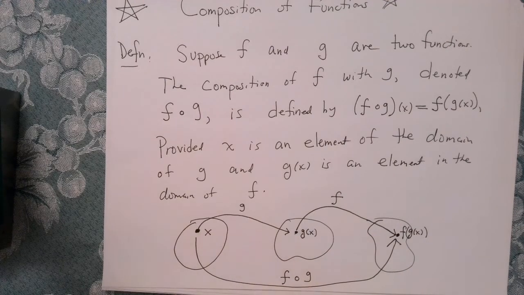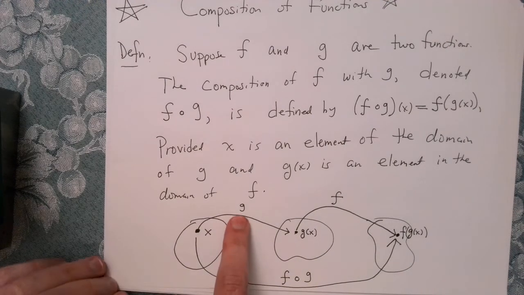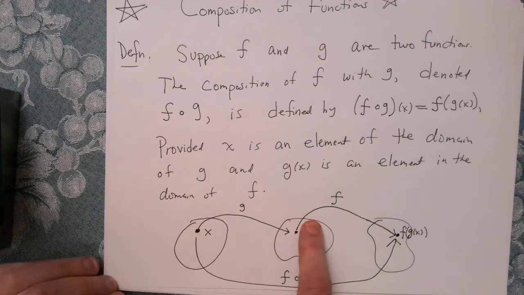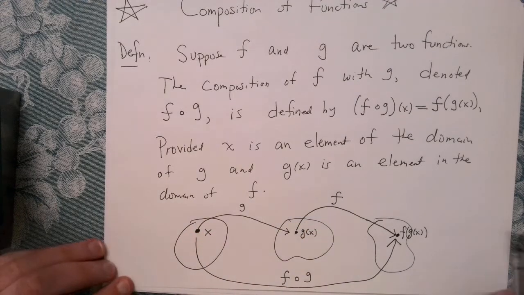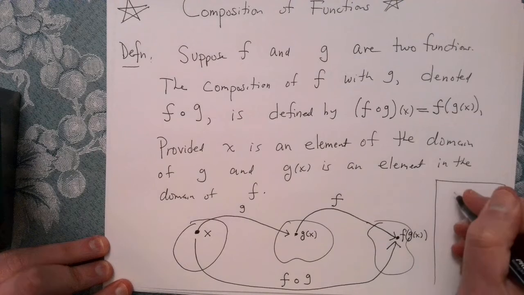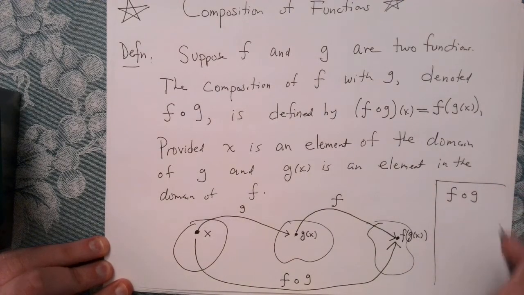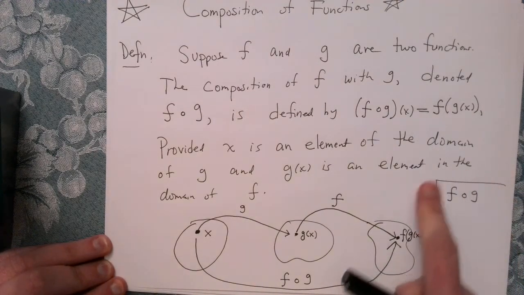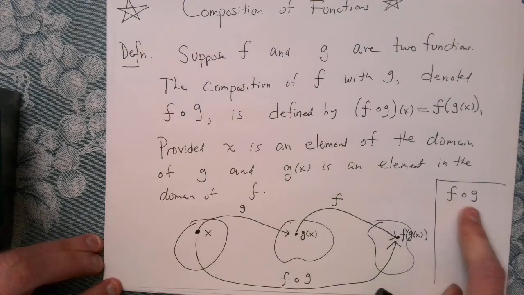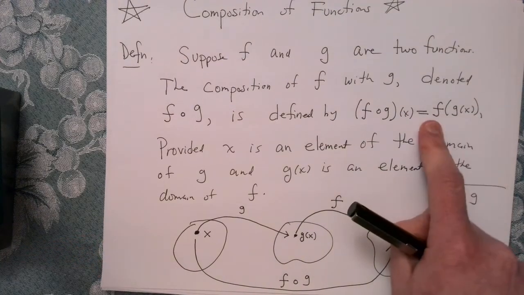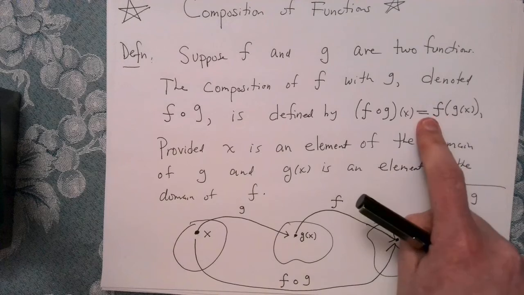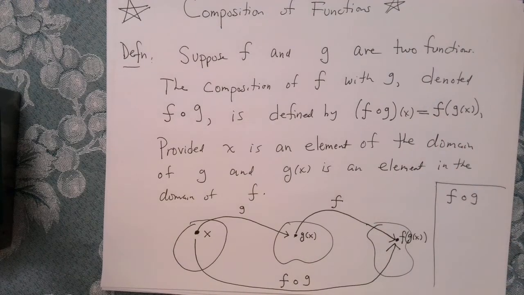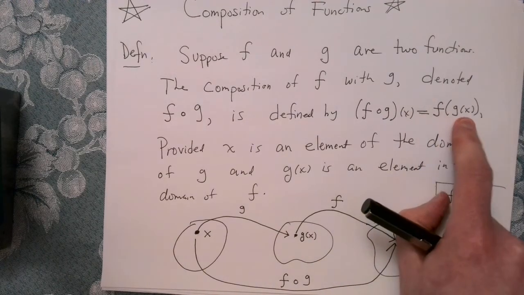So f after g. Okay, so you apply the g function first and then f after g. So when it's written like this, I'll often say f after g. And when it's written like this, I'll often say f of g of x. So be careful. Apply this function onto this input.